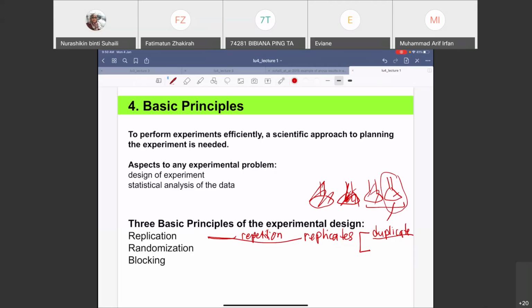So it means a lot, the difference between having only duplicate or triplicate or more than that. Triplicate is the ideal one, at least lah. Duplicate will give you troubles actually. So that's why I like triplicates in doing experiments.